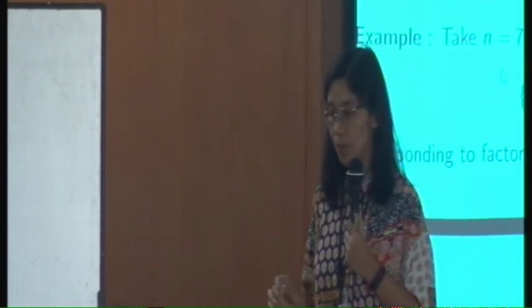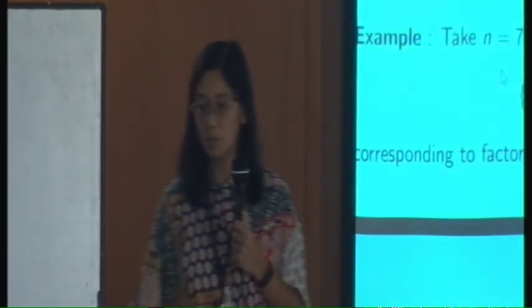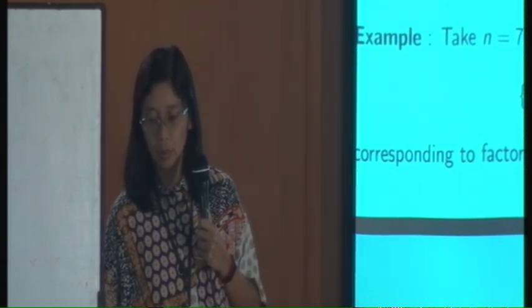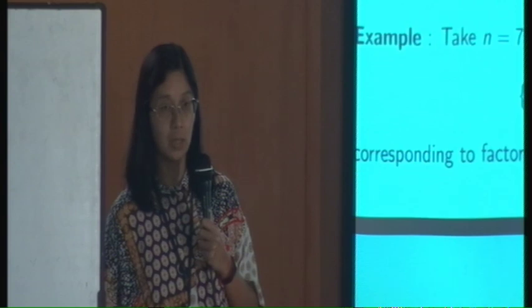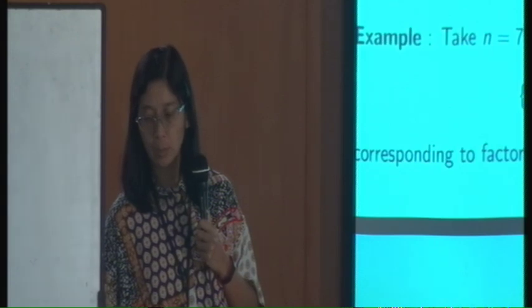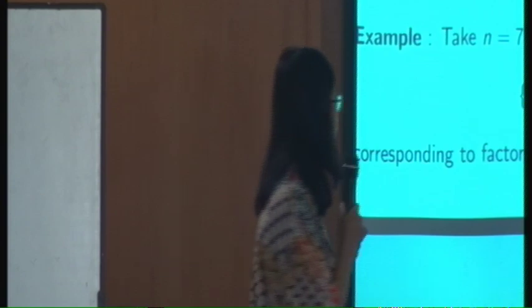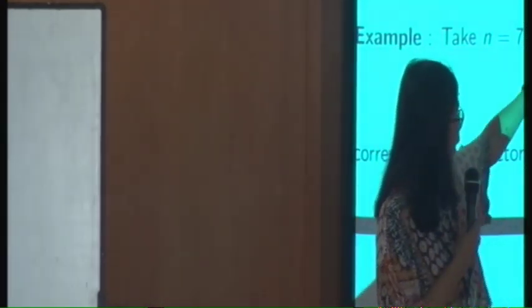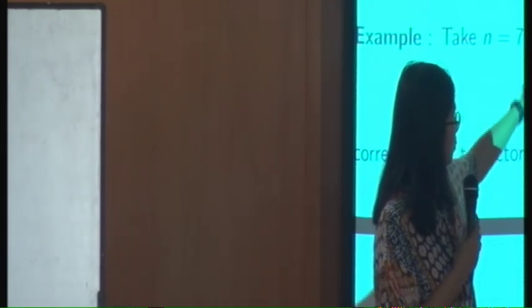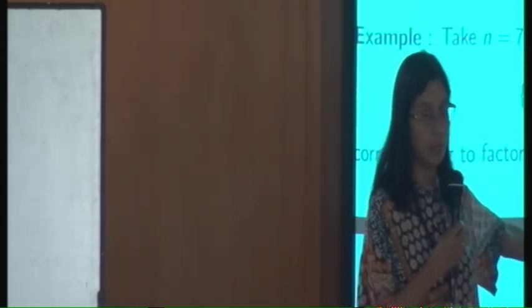And then from these three classes, we get these three factors. x plus 1 corresponds to where i is 0. So when i is 0, we get x plus alpha power 0, which becomes x plus 1.